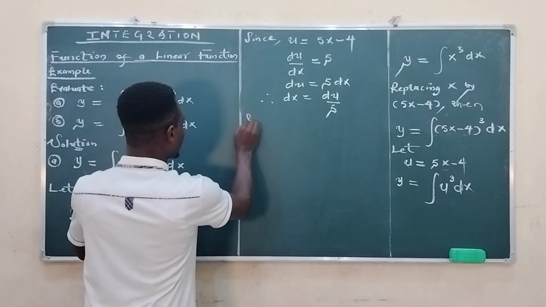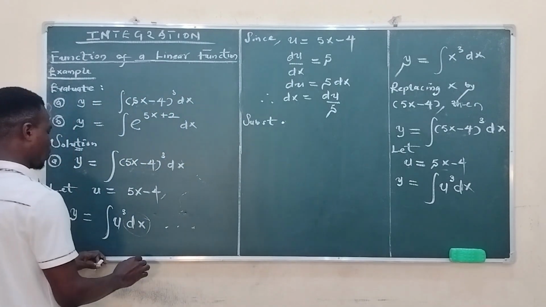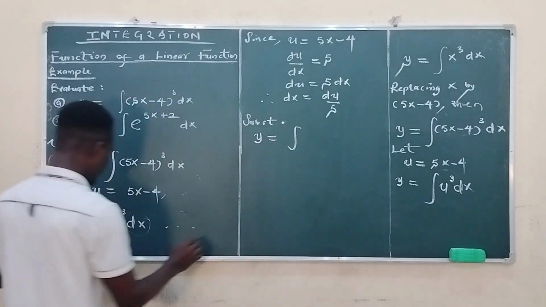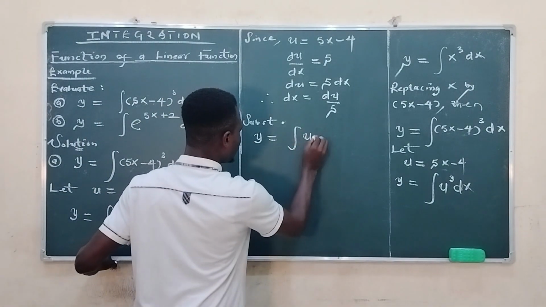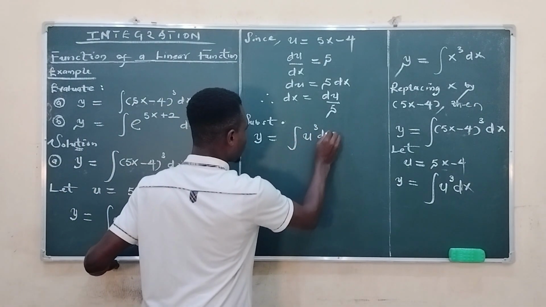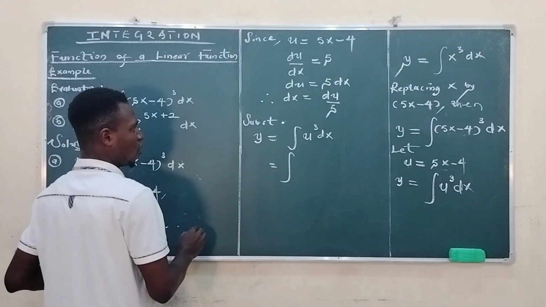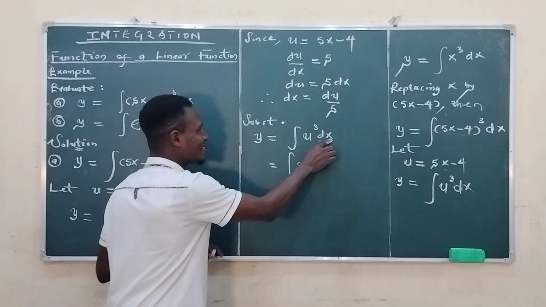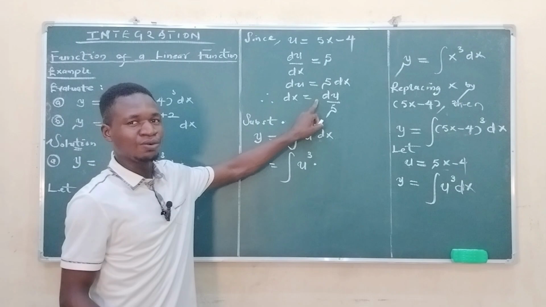So when we substitute into this given expression, we have that if y is equal to the integral of u to the power of 3 with respect to x, this is now going to be equal to the integral of u to the power of 3, where dx has a value in terms of u given as du over 5.